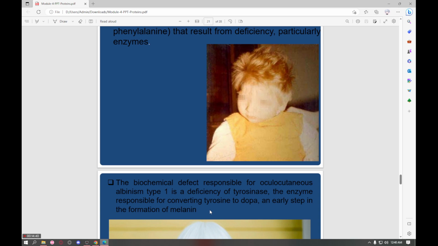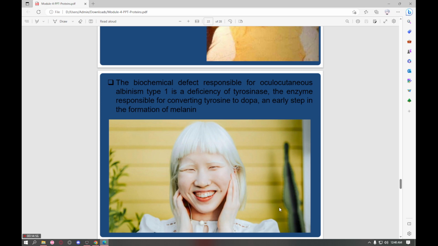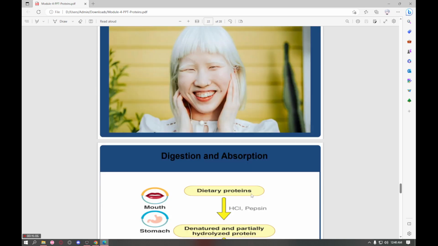There is a deficiency of your enzyme tyrosinase, the enzyme which is responsible to convert tyrosine to dopa, which is the formation of your melanin. So the melanin is responsible for skin pigmentation. So if you notice with the albinos, yung kulay nilang may problema.